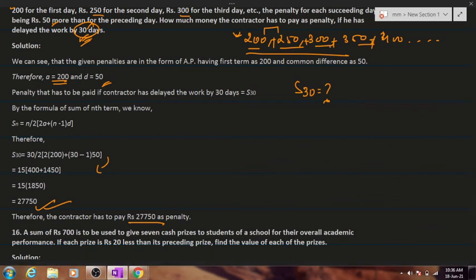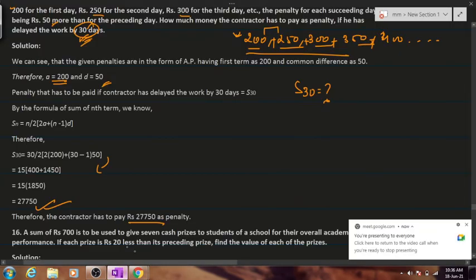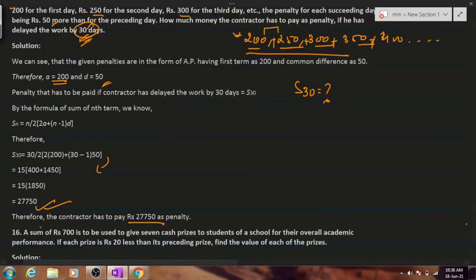Let me know if anybody has any doubts in this. Does anybody have any doubts in this? Yes, Devashish and all. No, sir. An easy one, right? Try out the 16th numerical.